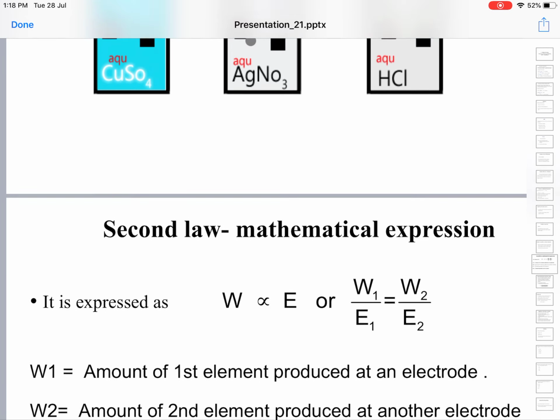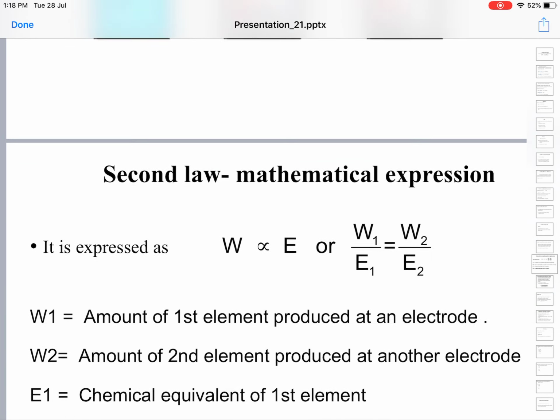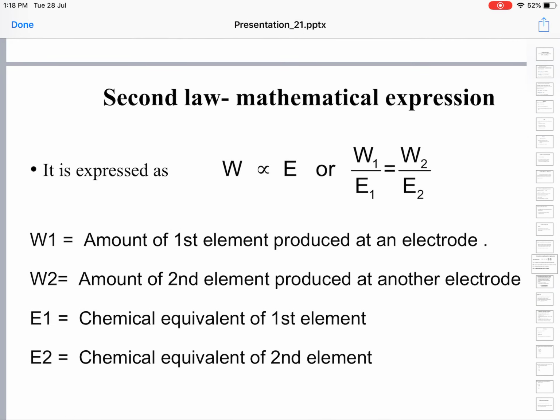Mathematically, we can express W is proportional to E, where capital E is the chemical equivalent. Or you can say that W1 by E1 is equal to W2 by E2, or W1 by W2 is equal to E1 by E2, where W1 is the mass of the first element produced at the electrode, and W2 is the mass of the second element produced at another electrode.